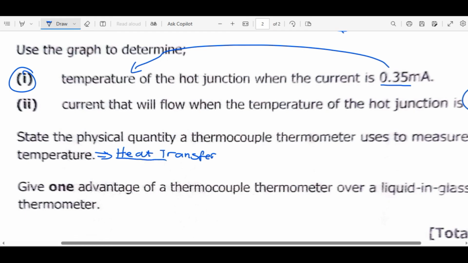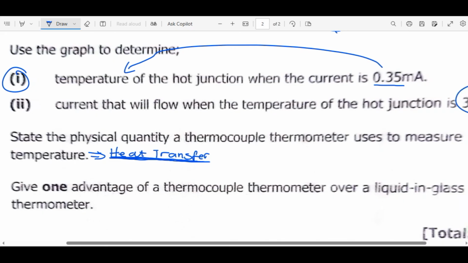So its functioning depends on the heat transfer. Then give one advantage of a thermocouple thermometer over a liquid-in-glass thermometer. So the advantage is that it can measure a very high temperature.